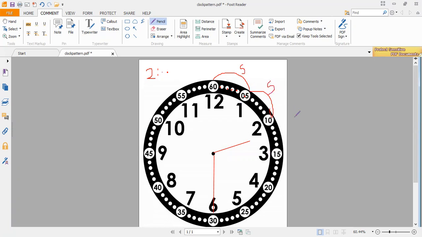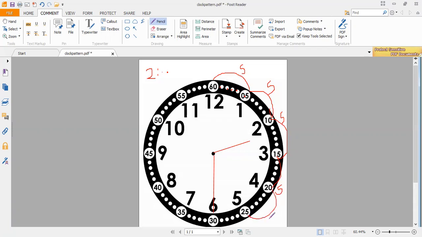Between 1 and 2 we also have 5 minutes. So each time we're gonna skip count by 5 until we reach number 6. And this is the third 5. And from 3 to 4 we also have 5 minutes. Between one number and the next will always be 5 minutes.